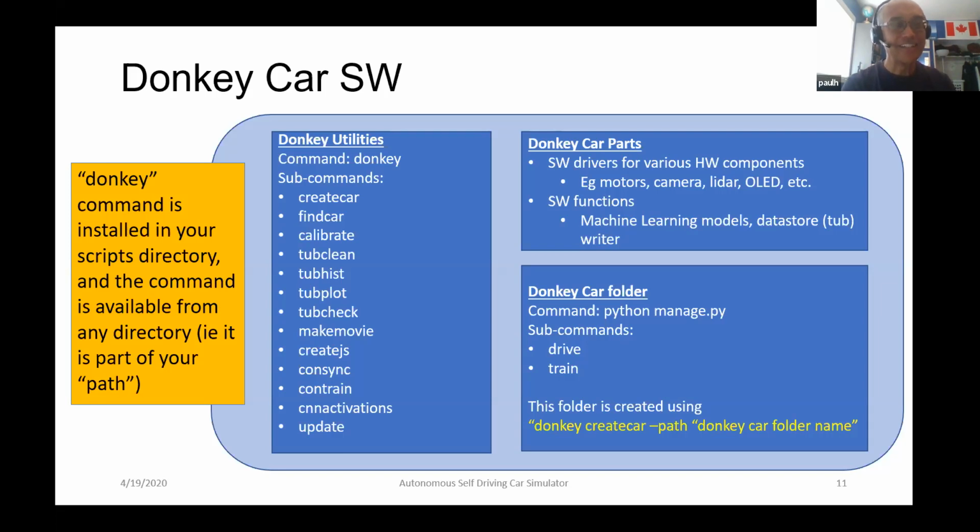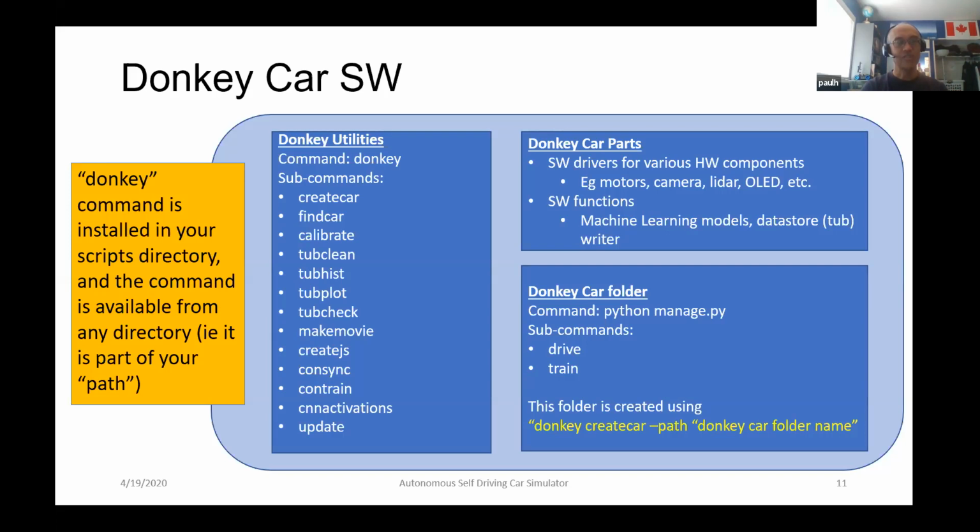Another piece, which is done when you run your donkey createcar command, is you create what I call a Donkey Car folder. They usually call it mycar or simcar or picar or something. When you do donkey createcar, it creates a folder and puts in it a manage.py, a couple of other scripts, and then it creates a models directory and a data directory.